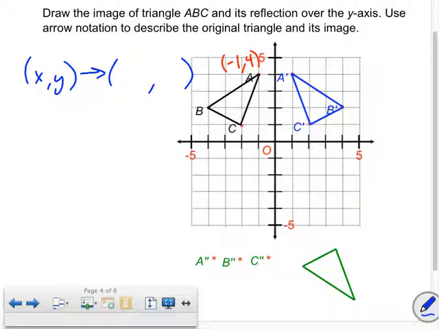What didn't change? The y, because it stayed on the same level, right? So my y value stays the same, but what changed? The x. And how did it change? It changed signs, or we multiply by -1. Okay.